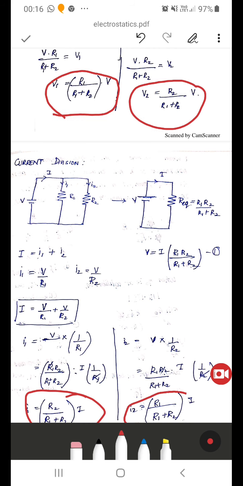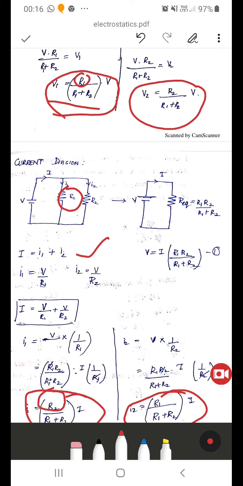Here I1 and I2 are part of I. In this case, V1 is the voltage drop across R1 with R1 in the numerator, while here I1 is the current passing through the resistor R1, but R2 is the numerator.